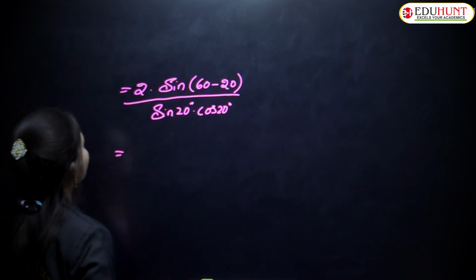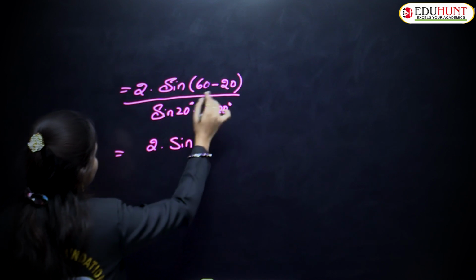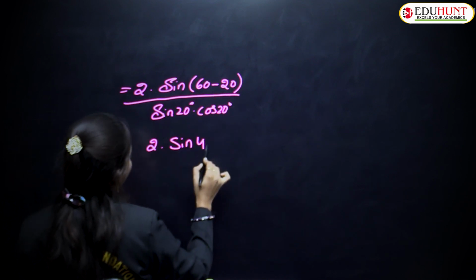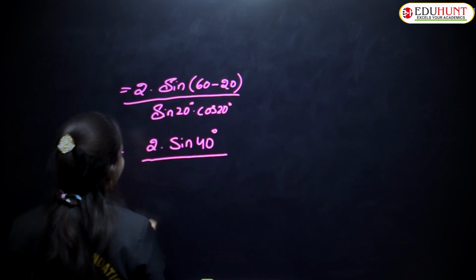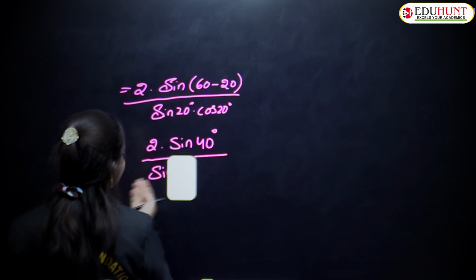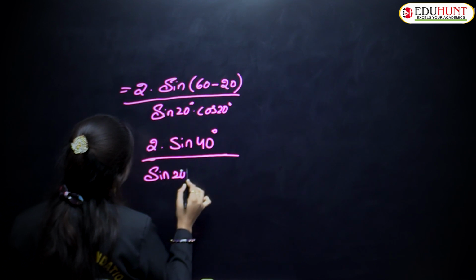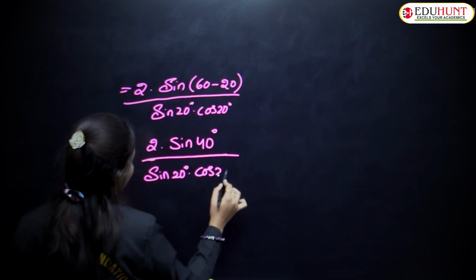Okay, so which is equal to 2 into sin of 60 degrees minus 20 degrees, which is 40 degrees, whole by sin 20 degrees into cos 20 degrees.